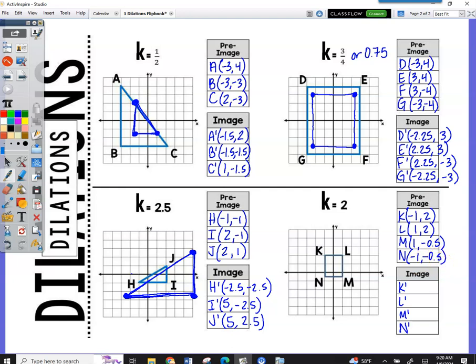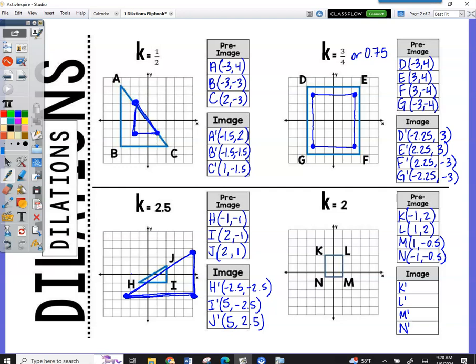This one, your scale factor is 2, which means we're doubling it, right? So this one you may not even need your calculator because you're just doubling these numbers. Watch your signs. If you're doubling -1, then it's going to be -2, right?